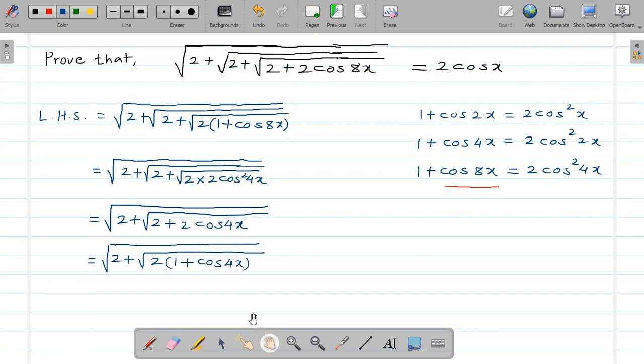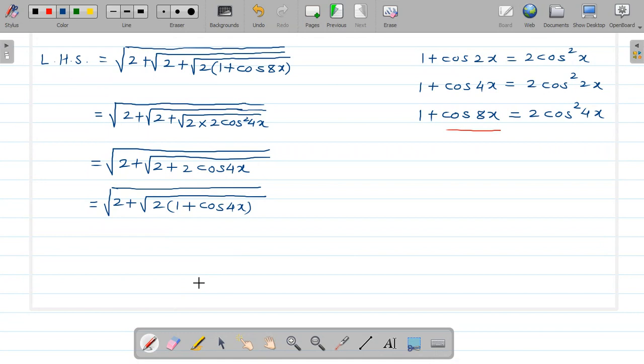Now again I apply 1 plus cos 4x is equal to 2 times cos square 2x. Then I get 2 plus under root, this 2 as it is, into 1 plus cos 4x replaced as 2 times cos square 2x.